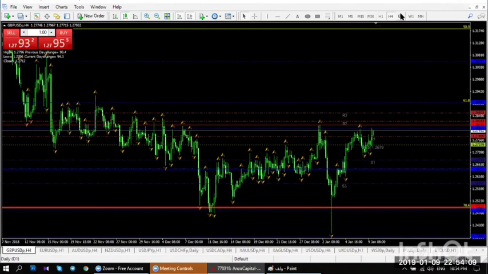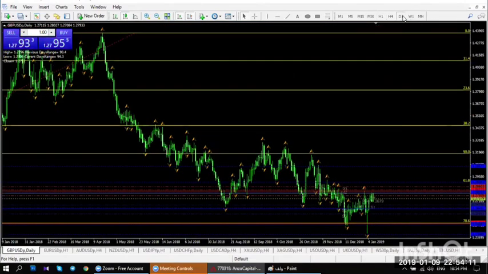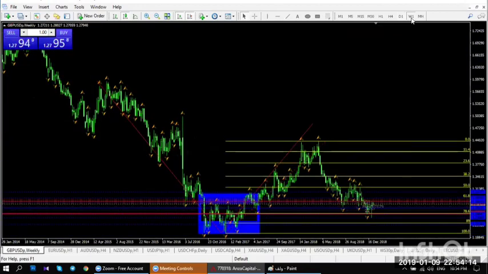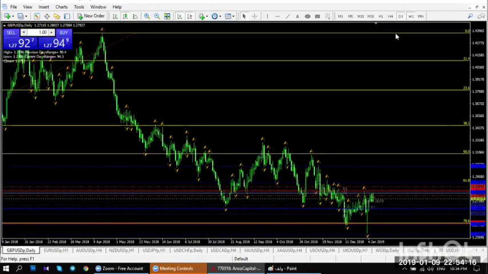You see, about body pivots. We had an example in the pound dollar chart.